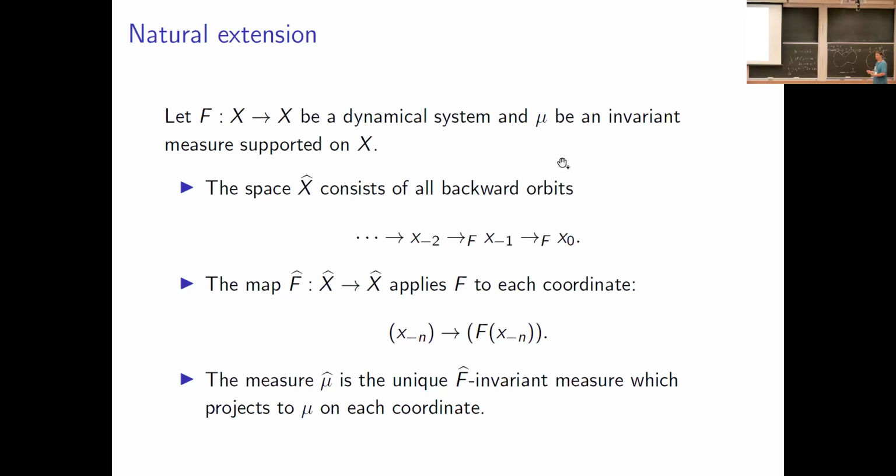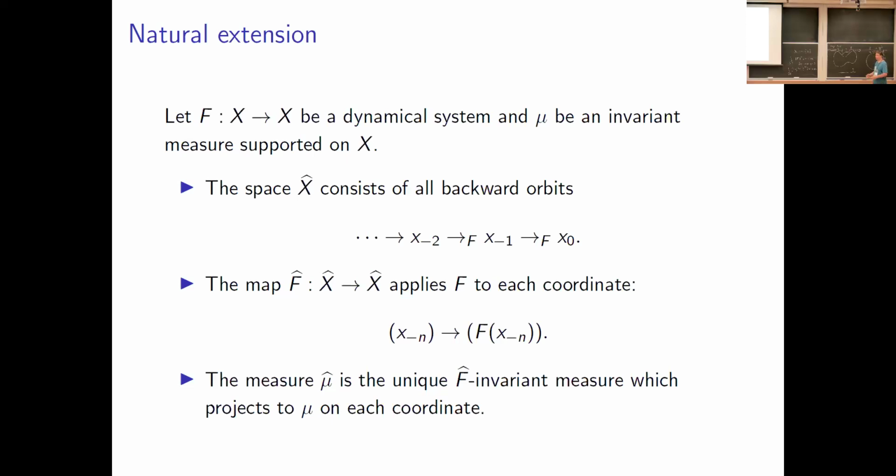We form the so-called natural extension. Namely, we define a new space, x hat, which consists of all backward orbits under F. The map F hat acts on x hat by applying F to each coordinate.